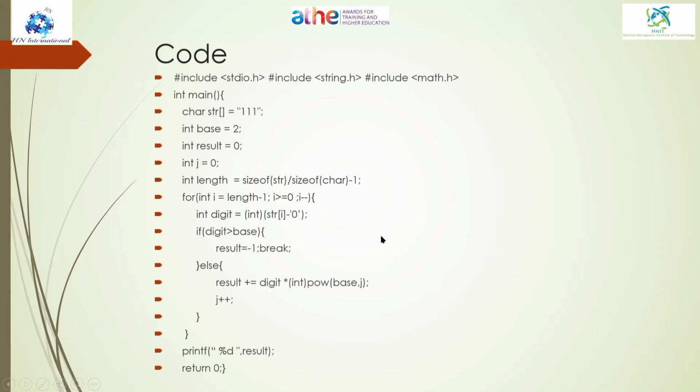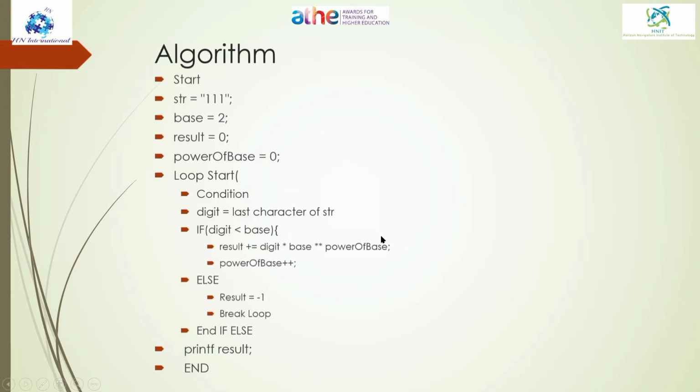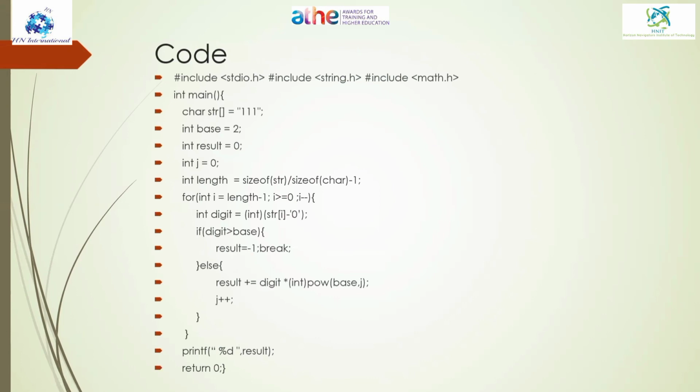Shall I explain it, or did you guys get the algorithm? Got it. Now, just one more thing. If we want to change this algorithm into octal, we would change this base into 8 or 16.